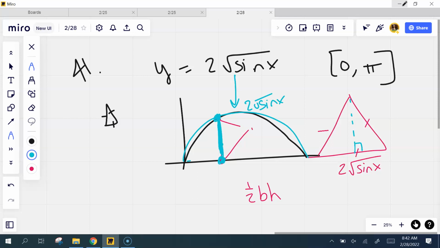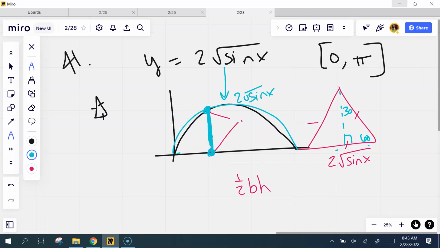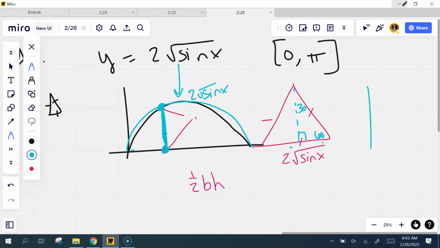All right, so I need that drop down height in the middle. I have a 30, 60, 90 triangle, and I have the short leg. Now this whole length is 2 root sine x. So it goes x times the square root of 3, 2x.